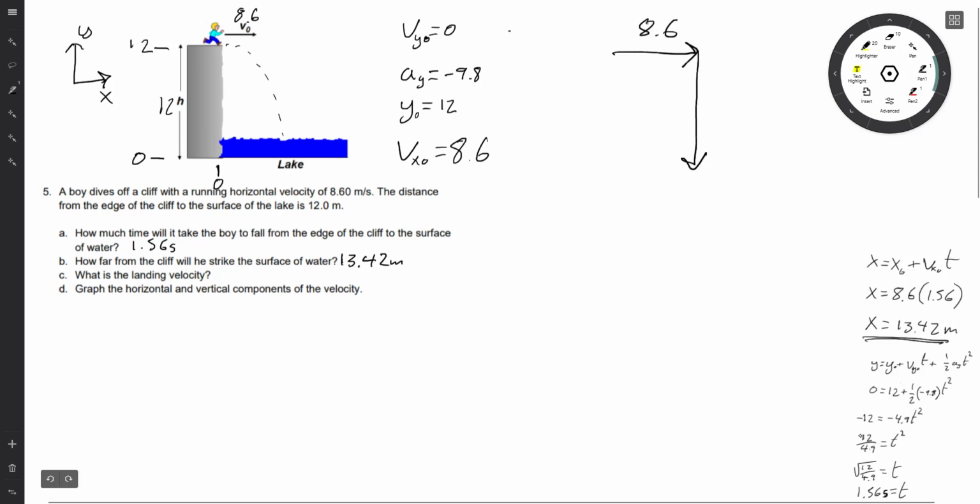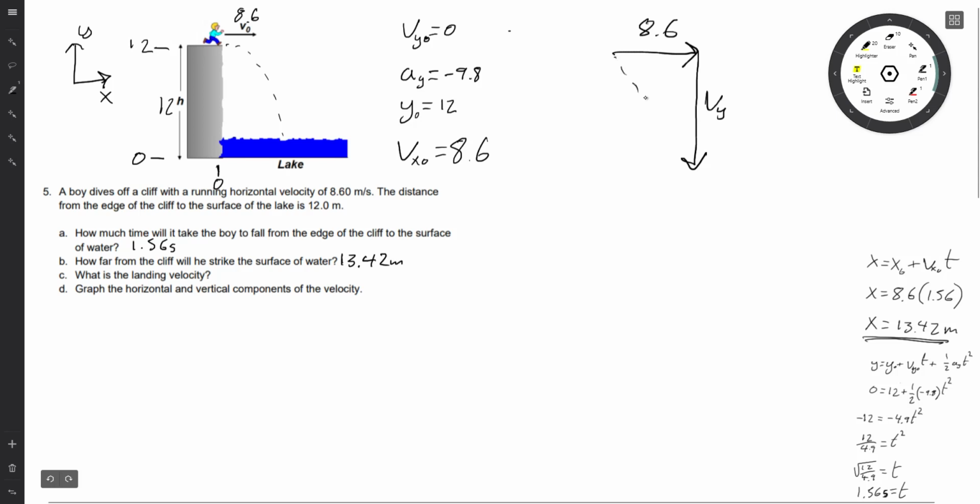We don't have that value right now, so we would really like Vy, right? The velocity in the y direction when he hits the water, not his initial velocity, which is 0.